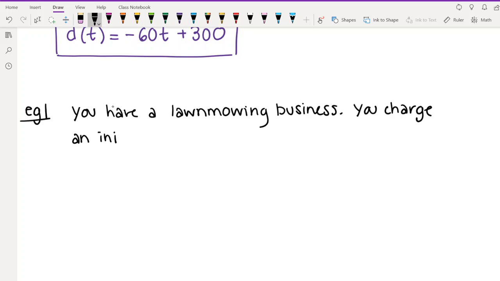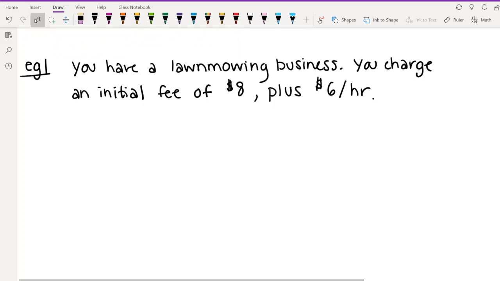It means that no matter how many hours of mowing lawns you do, everyone is going to have to pay this initial fee of $8. And then on top of that, you charge an additional $6 per hour of mowing lawns, which, I don't know, maybe you live in a neighborhood where people have really big lawns, because I can't imagine that you'd have to spend that many hours, but I guess, I don't even have a yard.